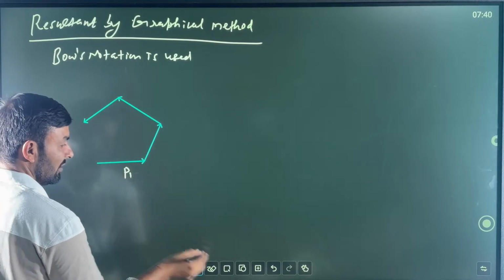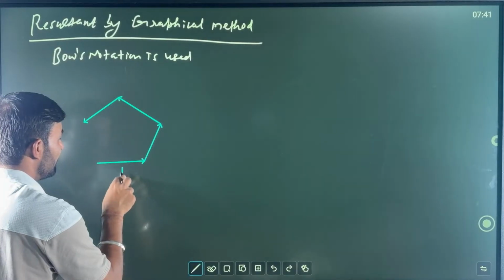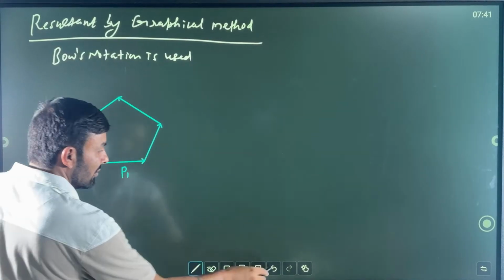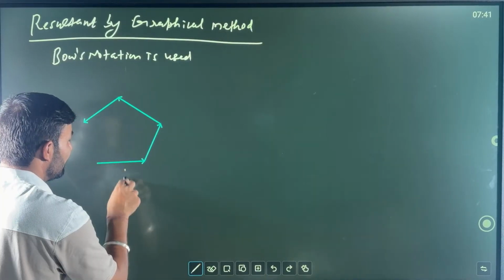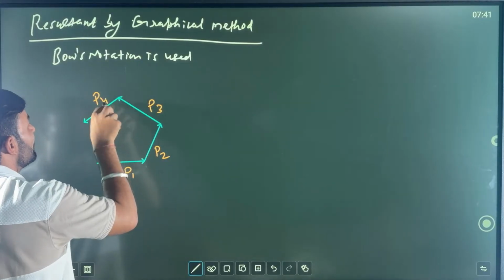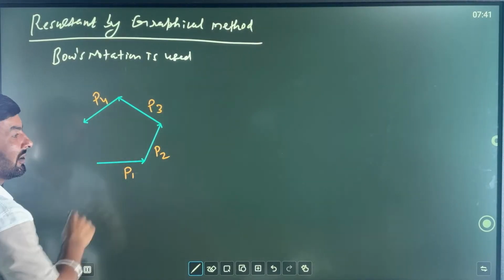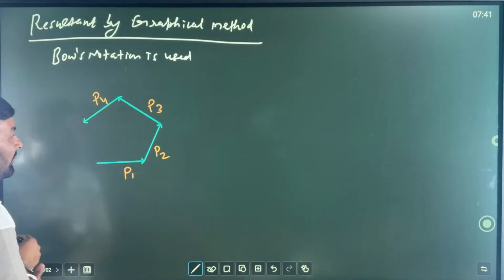This is force P1. So this is P1. Let me take different color, my dear friends. Okay, this is P1, this is P2, this is P3, and this is P4. Suppose we are given with this. Acting at a point, my dear friends. This force is acting at a point. Okay, be careful.